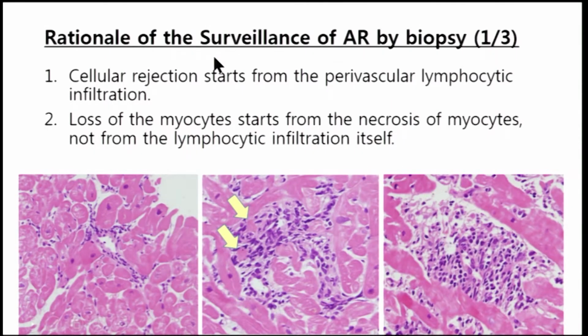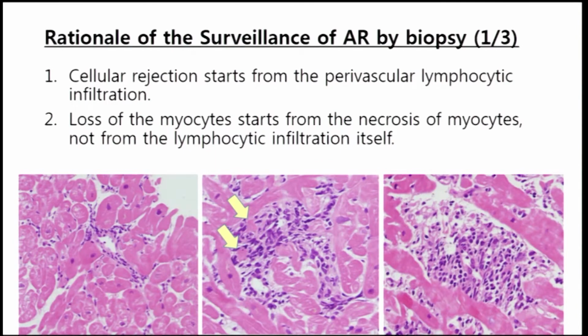But let's think about that. What's the rationale of surveillance of acute rejection by biopsy? One thing is that we understand, and it's scientifically correct, that cellular rejection starts from perivascular lymphocytic infiltration. We all agree. The second thing is that loss of myocyte starts from necrosis of myocyte, not from the lymphocytic infiltration itself.